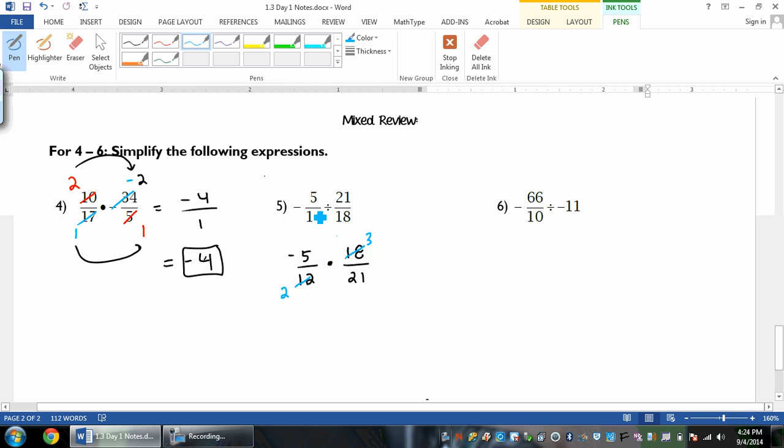I cannot simplify my other diagonal. Now you can go ahead and multiply across. Negative 5 times 3 is negative 15. 2 times 21 is going to be 42. Now if you notice, you can still simplify that. Negative 15 over 42 can be divided by 3, so it just becomes negative 5 over 14.